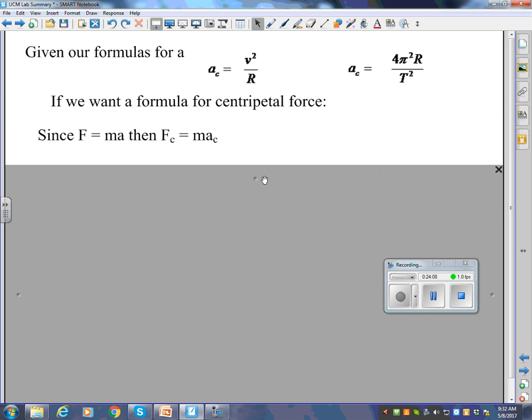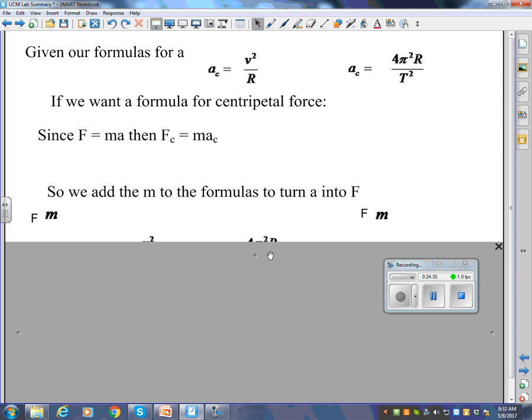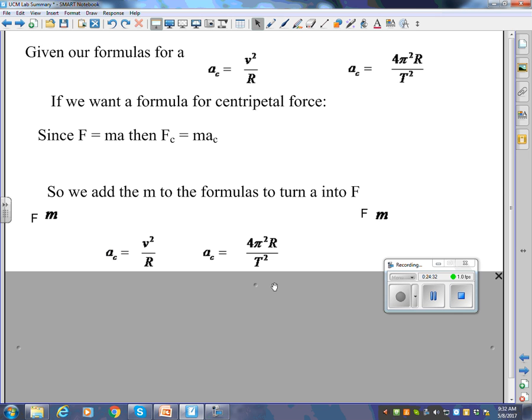If F is centripetal force and a is centripetal acceleration, how do I make these equations for acceleration into ones for force? Am I not just adding a mass? So we simply add m to the formulas to turn the a into an F.